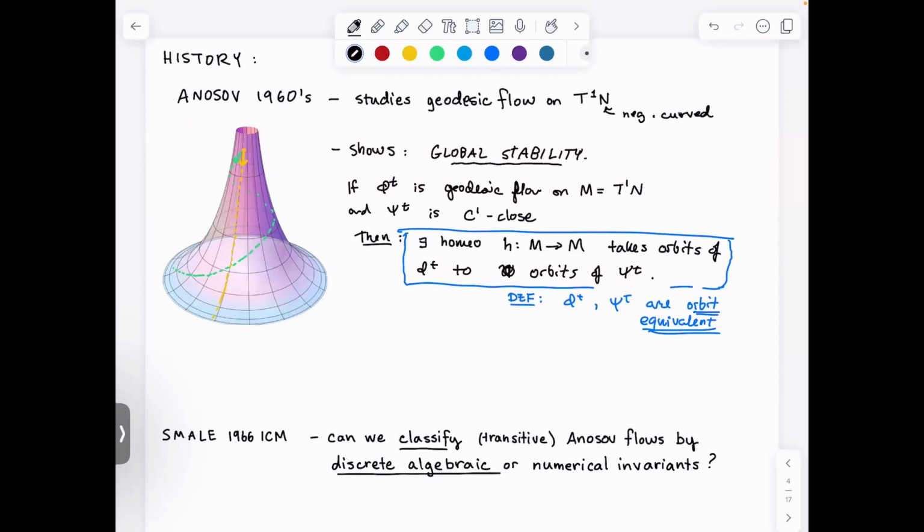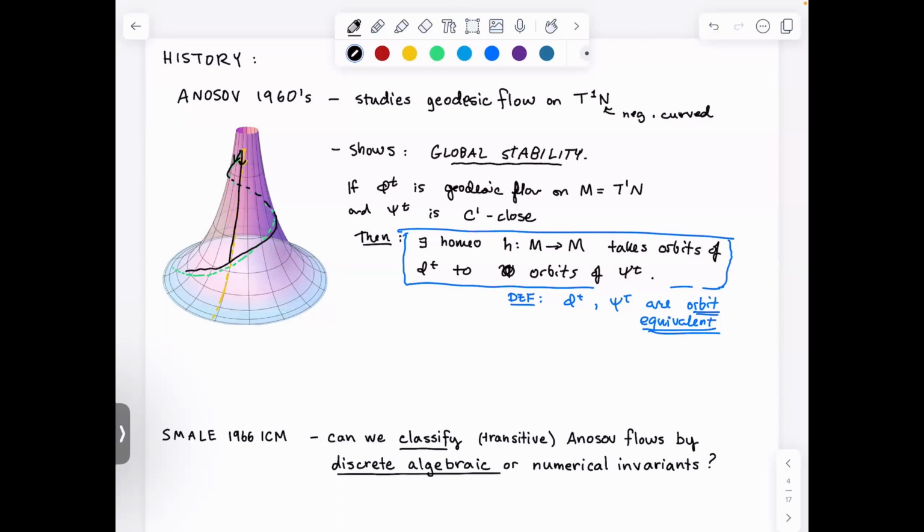And other than curiosity, the reason you might want to know all the possible examples is that this is a very interesting juxtaposition of stability and chaos. We have this global stability theorem that says that as a whole, the system can't be easily perturbed. But if you look at individual trajectories, they're very chaotic, right? So here's my cartoon of negative curvature, and if I take two nearby tangent vectors, the fact that I have directions of expansion means that their trajectories will typically diverge completely wildly.